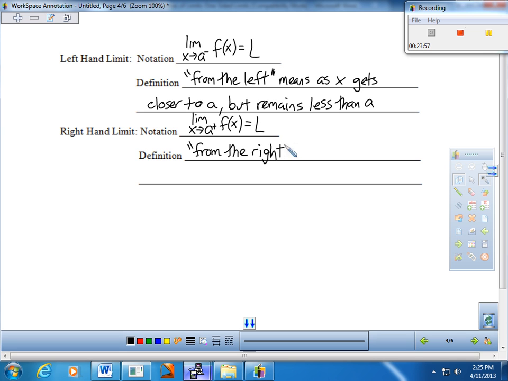That's how we would think of this piece. And so same deal as above, everyone. Means as x gets closer to a, getting closer and closer, but if we're to the right of a, then we're talking about numbers bigger than a. And so this is what you're going to write in.